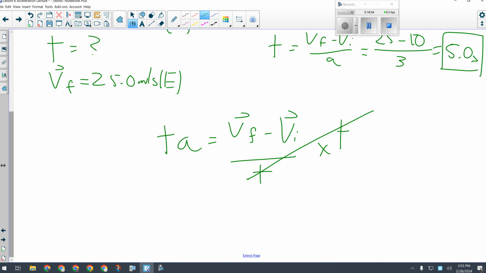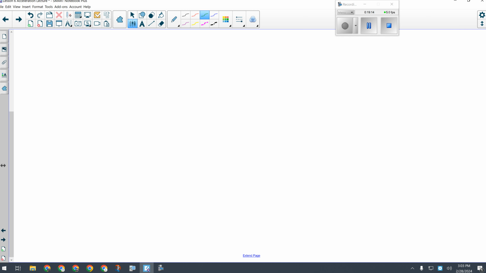Right now I'm subtracting VI. I need to get it over here, so I'm going to add VI to this. Now I'm solving for VF. Everybody all right with that? What if, instead of doing that, I wanted to instead solve for VI?